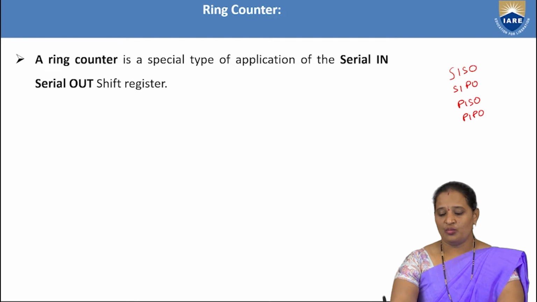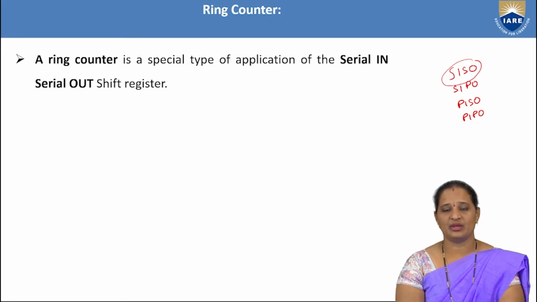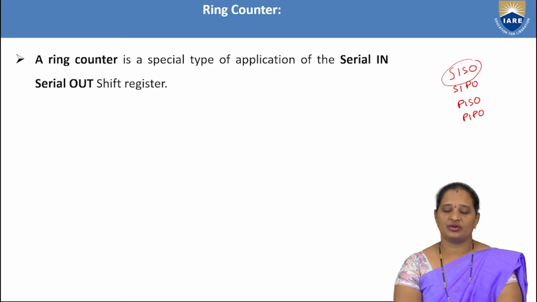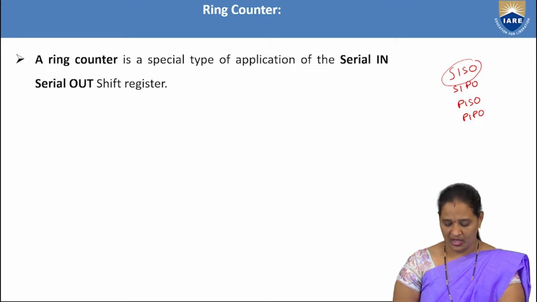The serial in, serial out mode of a shift register can be used in the design of a ring counter. That means we can say that the ring counter is a special type of application of a shift register in serial in, serial out mode.